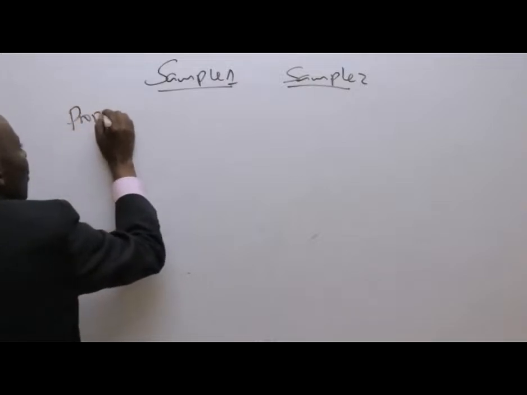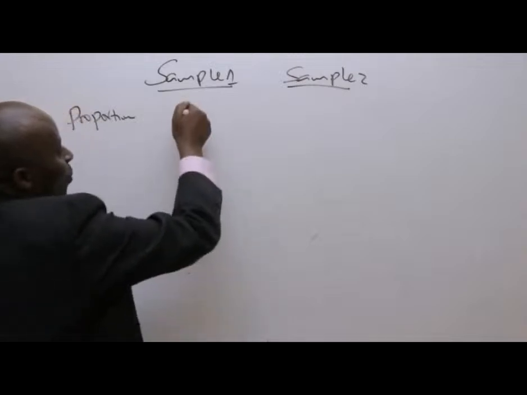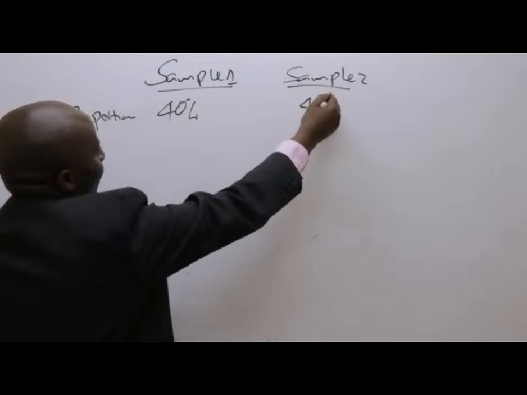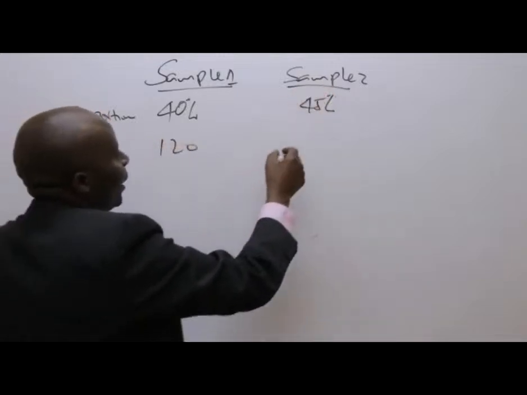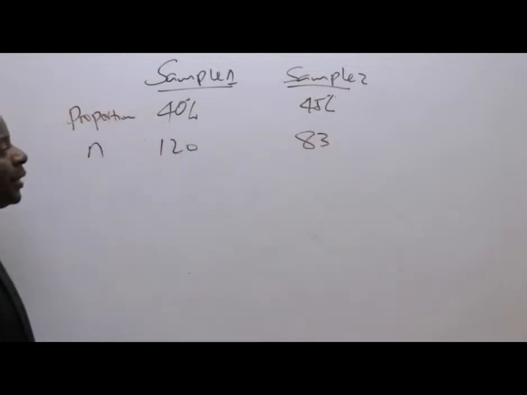So we have our proportions. This could be 40%, and this could be 45%. They have given us N. N here is 120, and N here is 83.